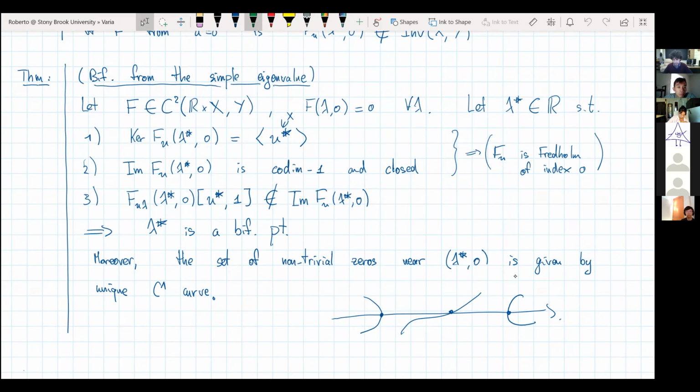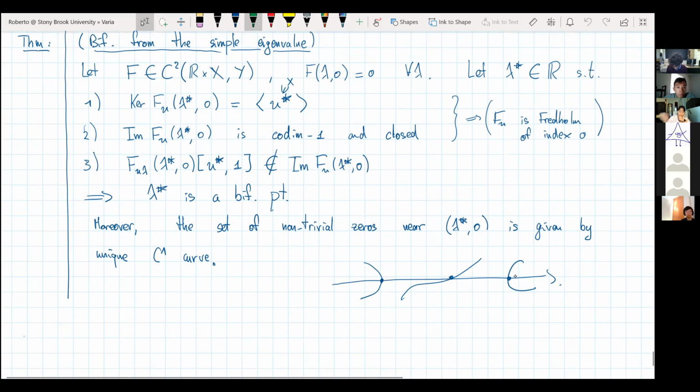Well, these are vector spaces. You can take the quotient of Y with this image, and that's dimension 1. And if you have an inner product, you can say that your orthogonal complement is dimension 1. Okay, that makes sense. Thank you. Yes, thank you for asking.